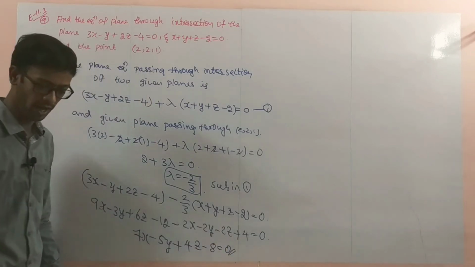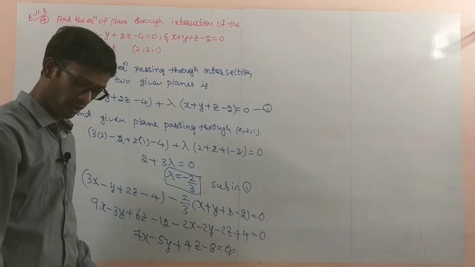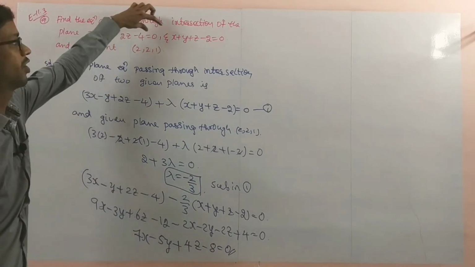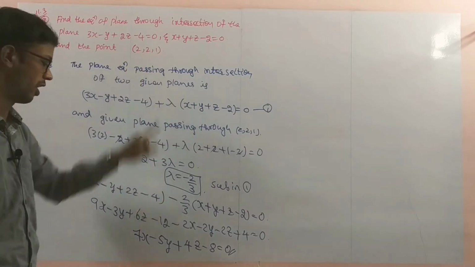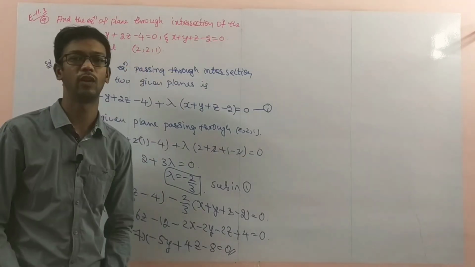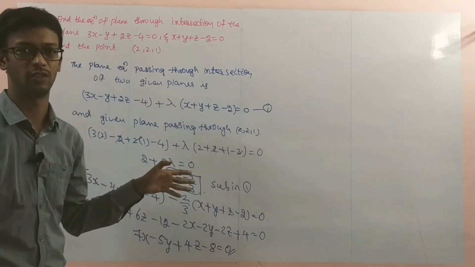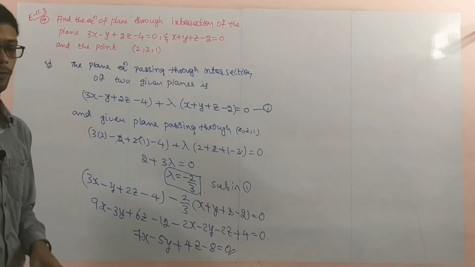This is the required plane equation passing through the intersection of two planes and passing through the point 2, 2, 1: 7x minus 5y plus 4z minus 8 equals 0. This is the Cartesian equation. The previous problem was the vector equation. So pause the video to note it down.